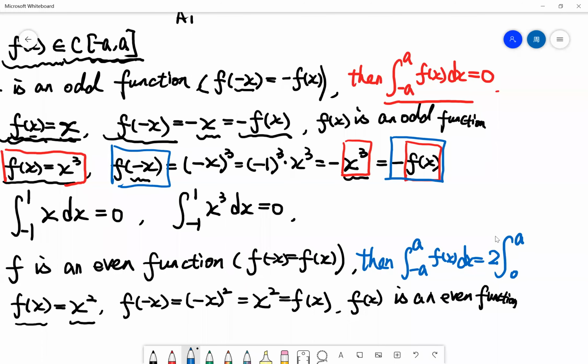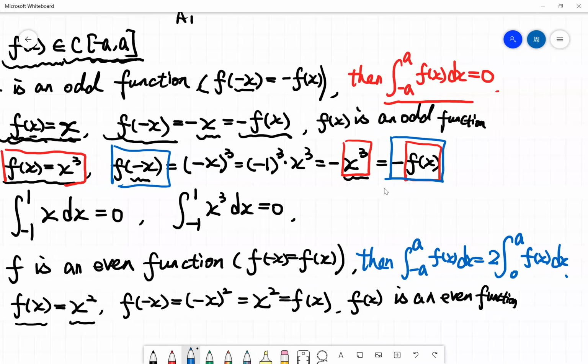Here you will find that from 0 to a is half of the interval from minus a to a, right? So that equals 2 times the integral from 0 to a of f of x dx, okay?